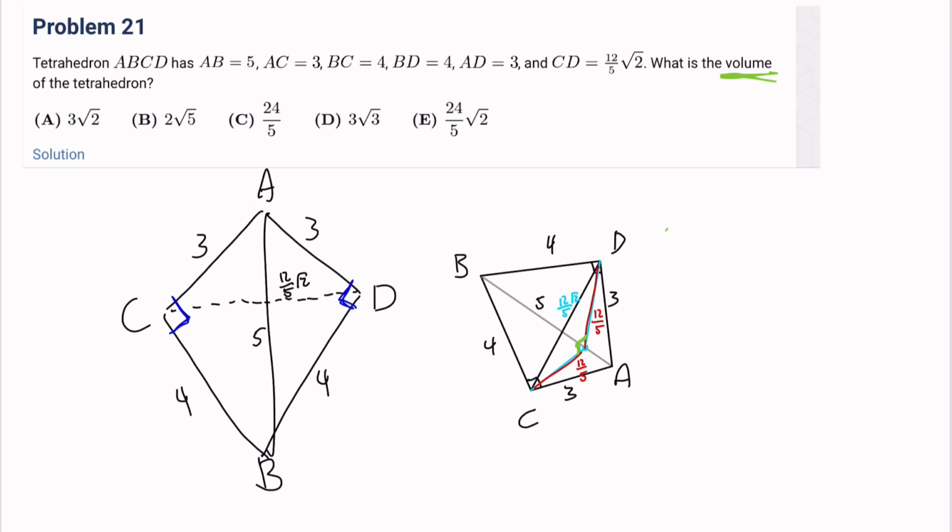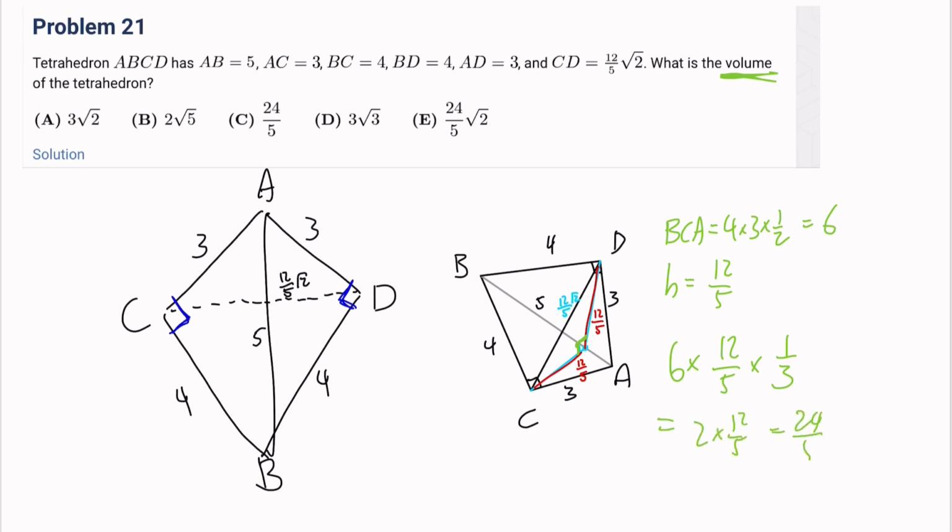And so BCA, the area is 4 times 3 times 1/2. This is 6, right? And this height is 12 over 5, so it's area times height times 1/3 because it's a tetrahedron. And so that will give us 2 times 12 over 5. This is 24 over 5, so the answer is C.